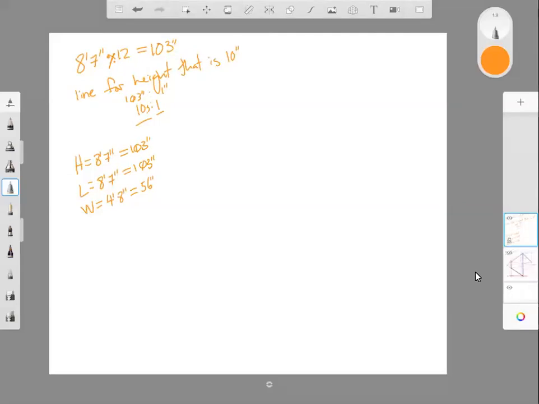So if we kind of just keep within this ratio, it's not perfect, but that will give us a 10.3 inch to 1 inch ratio.